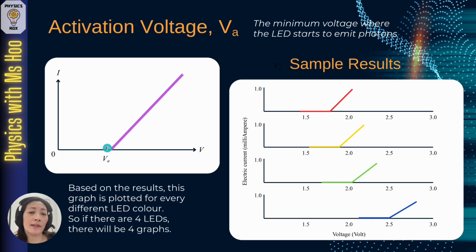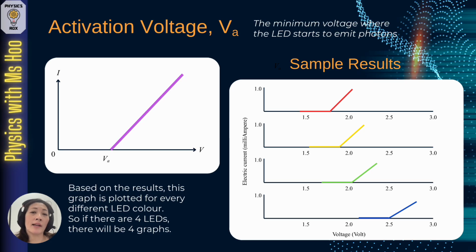Now, the activation voltage as seen on this graph is actually exactly the same as the junction voltage of a diode. If you don't know what a junction voltage is, I'll cover that in the video where I'll explain more about diodes. For now, just recall that diodes, including LEDs, allow current to flow in one direction only. So obviously, if you connect the terminals in the opposite direction, current cannot flow in the diode.